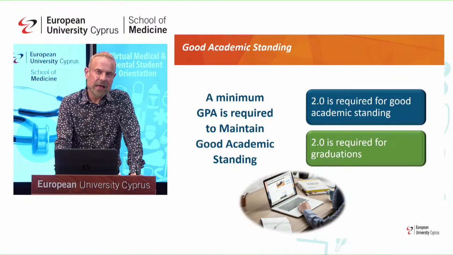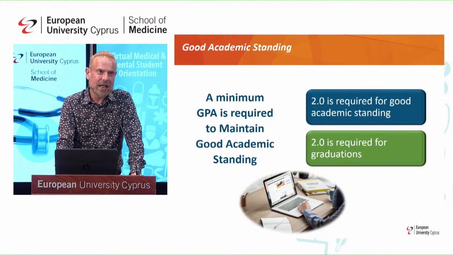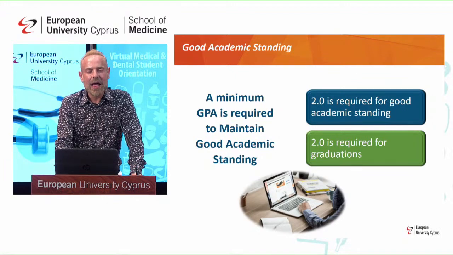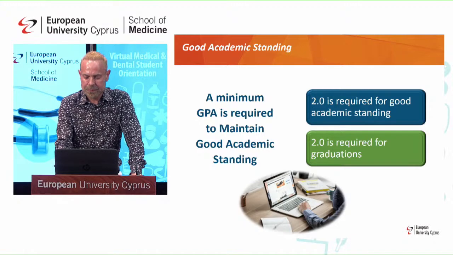Now, what is a good academic standing? The definition of a good academic standing is that the minimum GPA required to maintain it is a passing GPA. And the passing GPA is above 2. A GPA above 2 is required for you to maintain your status of good academic standing throughout your studies, but also a GPA of 2 is required for you to graduate.